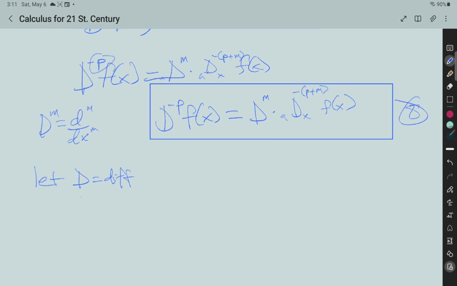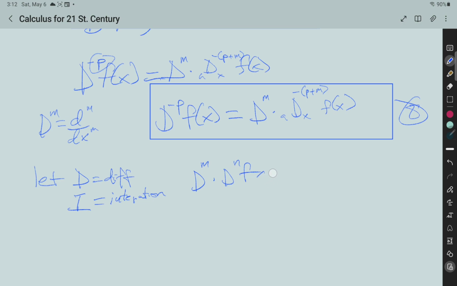Then let I equal integration operators. So suppose you have a D to the M and then you have another D to the N on some function f of x.